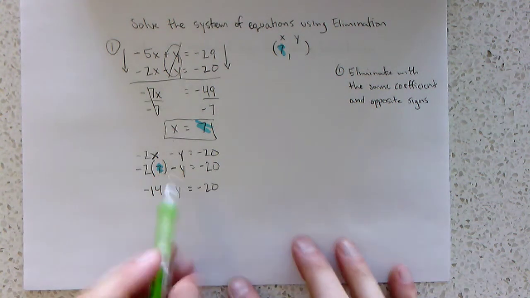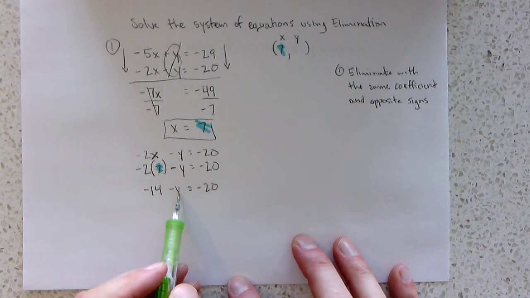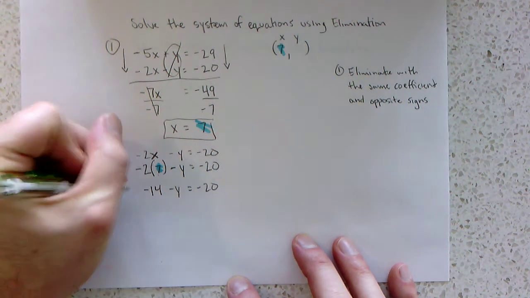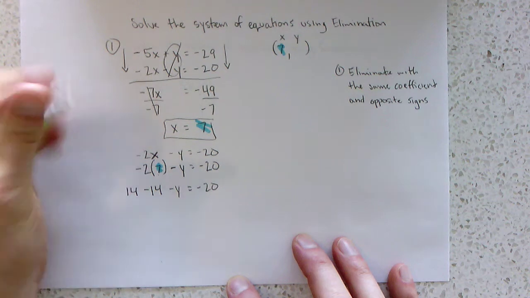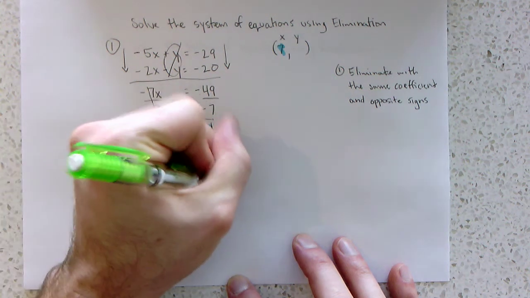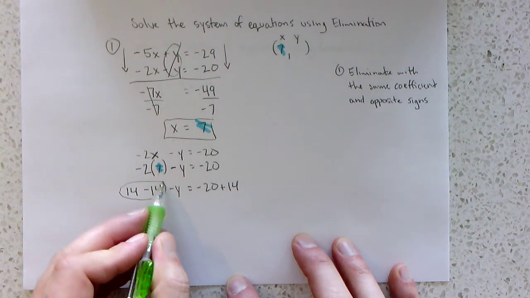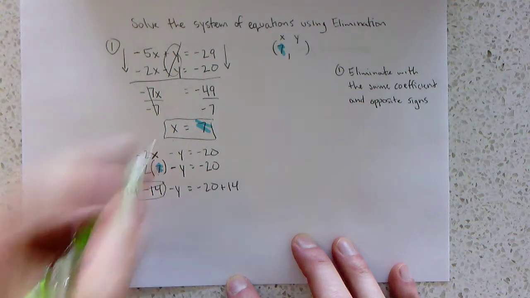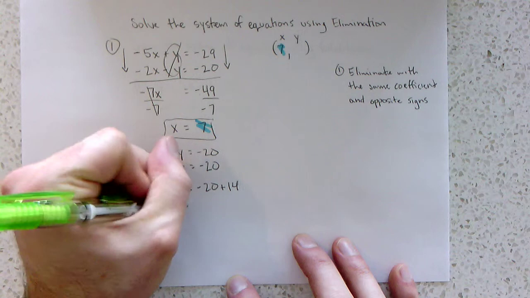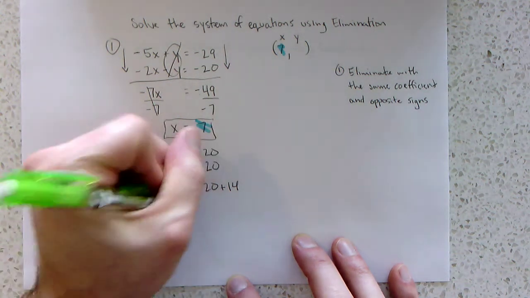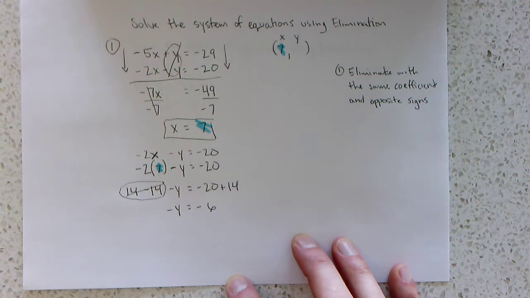And I continue solving for y. So in order to do that, I have to add 14 to both sides. So when I add 14 to both sides, these two go away, leaving me with just negative y on this side equals negative 20 plus 14, so negative 6.